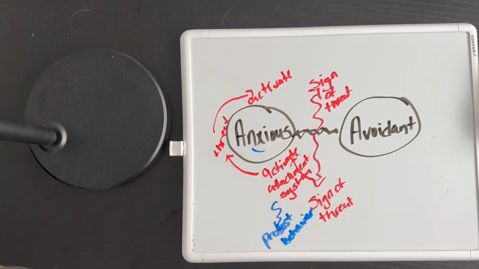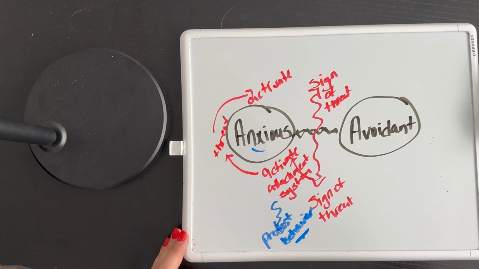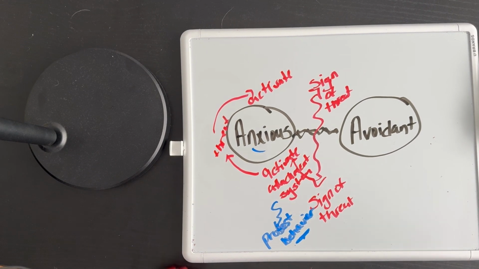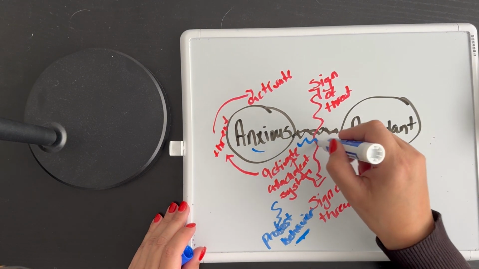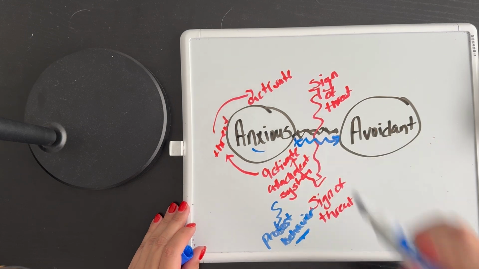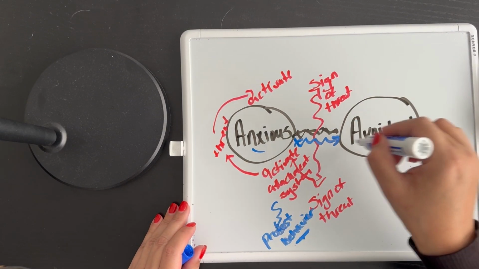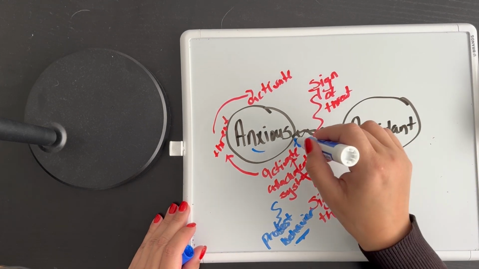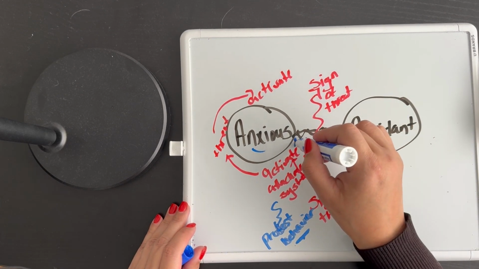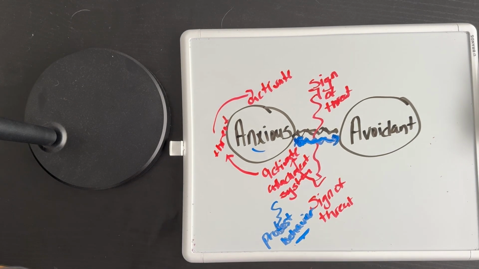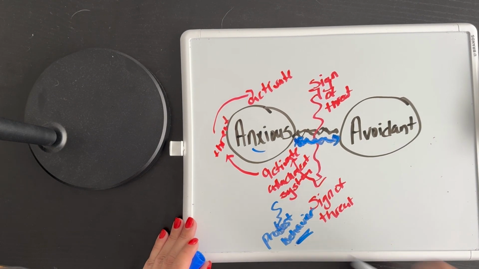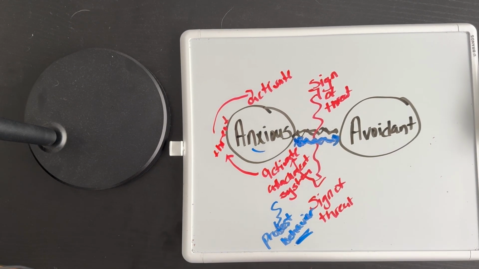Now remember, protest behavior is any behavior that connects them to their partner again. Because remember, they are seeking connection, which is why they use protest behavior.